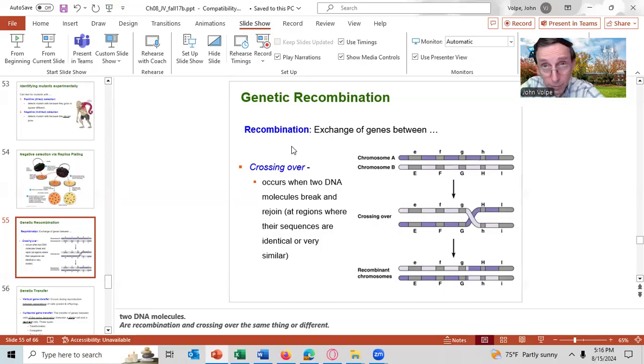Like you could get the X chromosome, part of it breaking off and then combining with the Y chromosome. That would be recombination. It may not be crossing over.